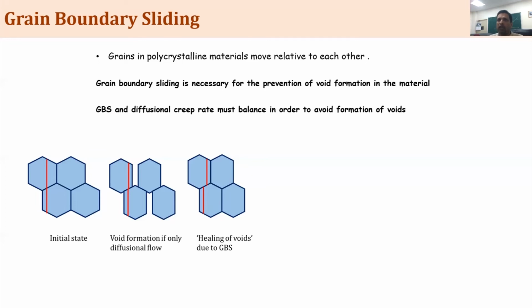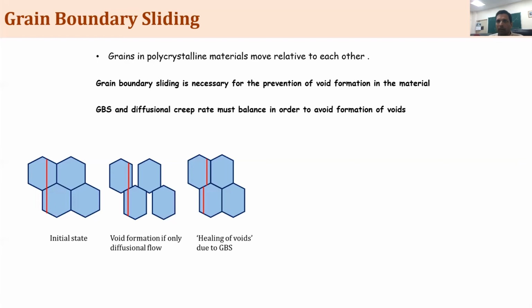So a kind of healing of void takes place due to grain boundary sliding. And that's why I mentioned earlier that this is not an independent process, but something that occurs concurrent with the other process, primarily the diffusional creep process, in order to heal or avoid the formation of voids.